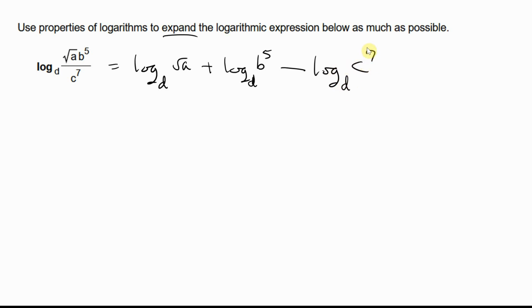See that? If it's multiplied, the product becomes the sum, and then the quotient becomes minus, right? So you got a lot going on there.